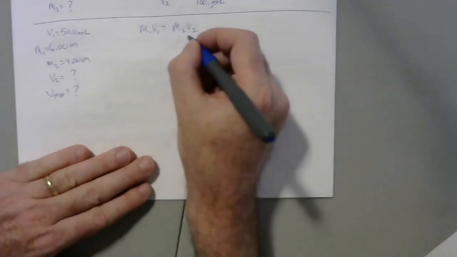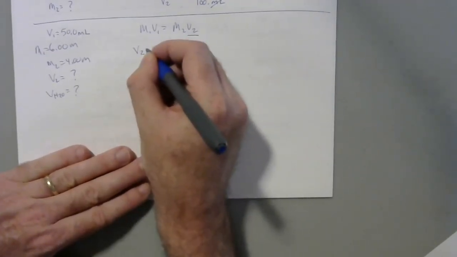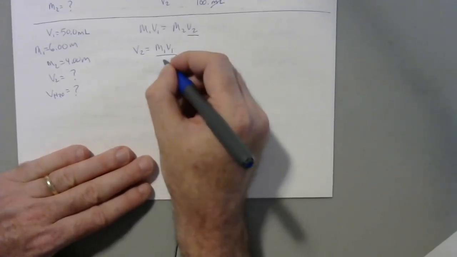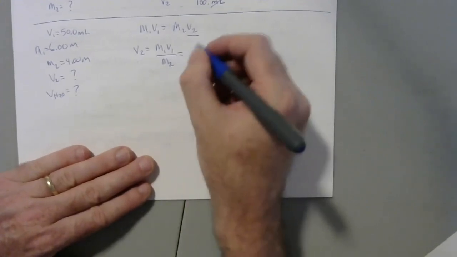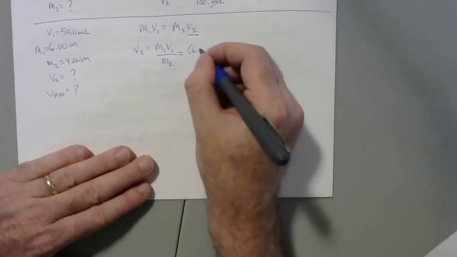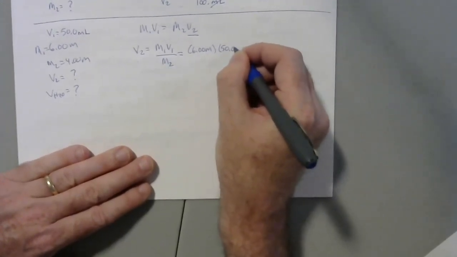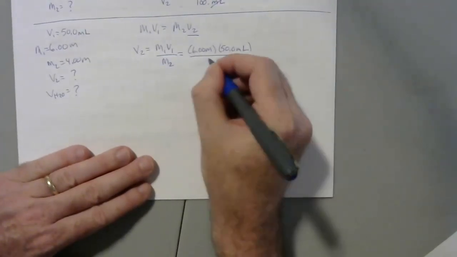So in this case, we'll solve for V2, realizing that's not our final answer. V2 equals M1V1 divided by M2. So M1 is 6 molar, 50 milliliters, divided by 4 molar.